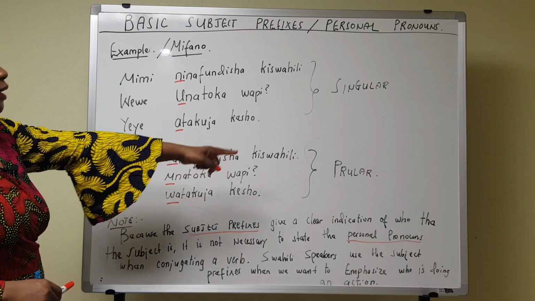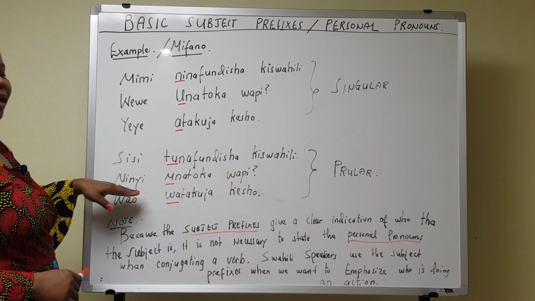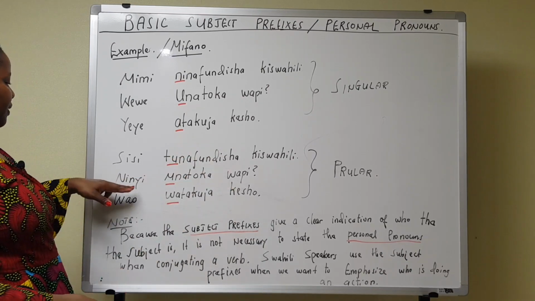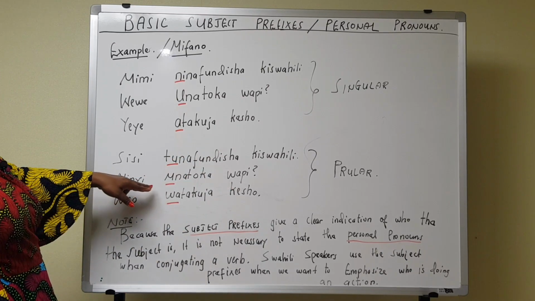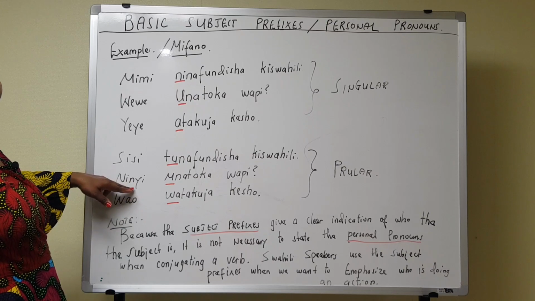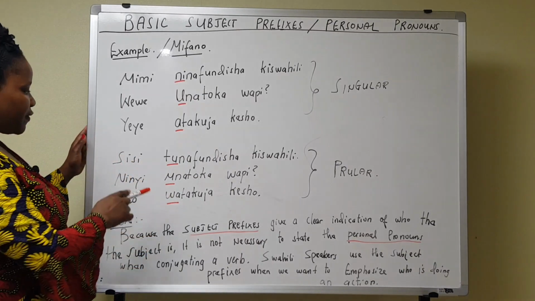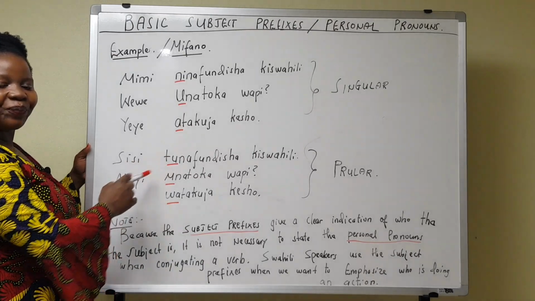And the second person in plural form is Ninyi. Ninyi mnatoka wapi? The subject prefix of the personal pronoun Ninyi is mu, and the subject prefix of Sisi is tu.